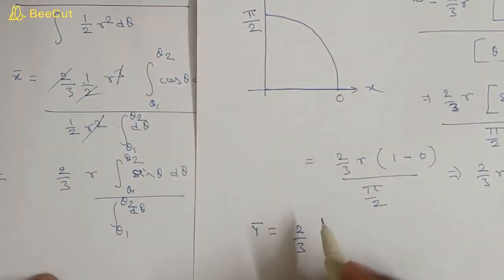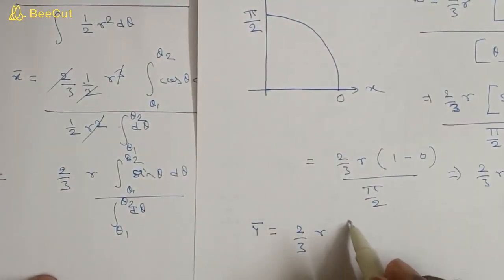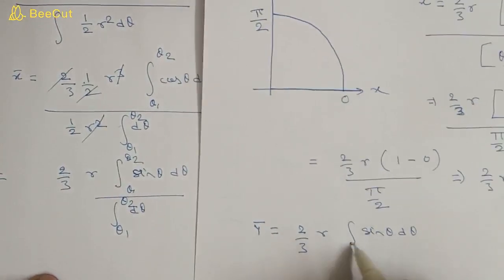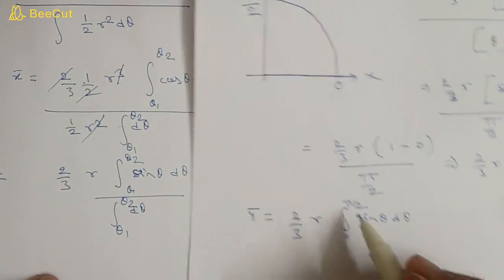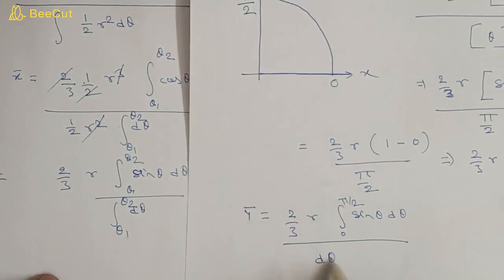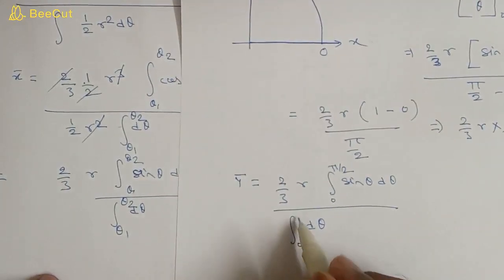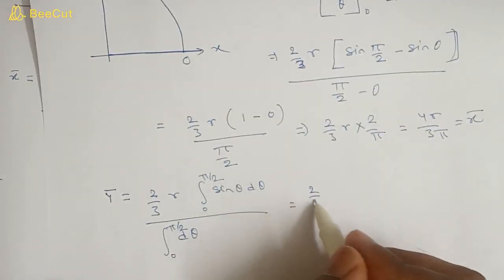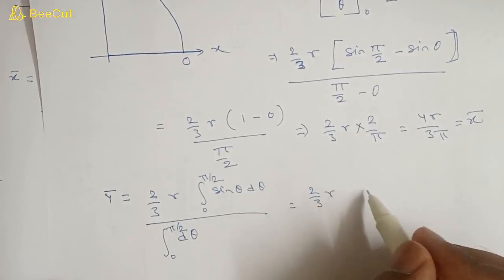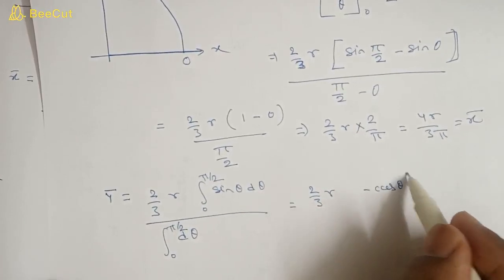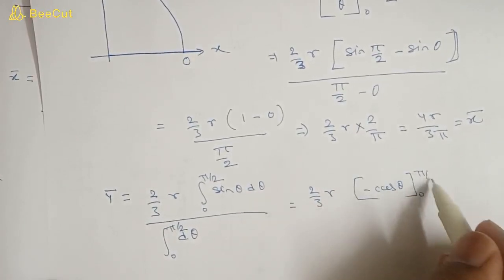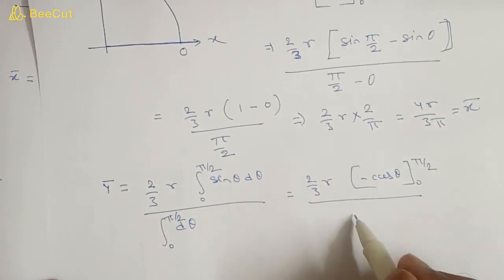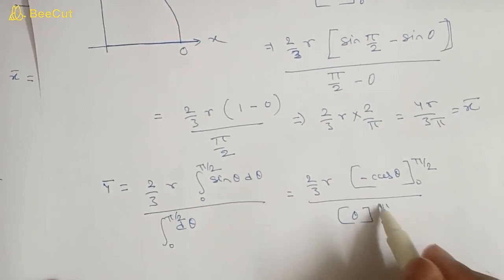So we have y bar is equal to 2 by 3 r, integration of sin theta d theta from 0 to pi by 2, divided by the integration of d theta from 0 to pi by 2. So we will get 2 by 3 r into the integration of sin theta, which is minus cos theta, from 0 to pi by 2, divided by theta from 0 to pi by 2.